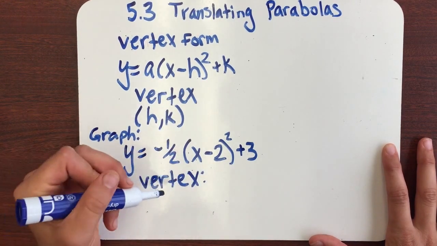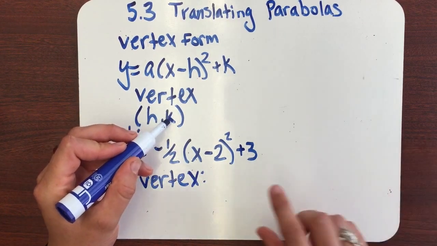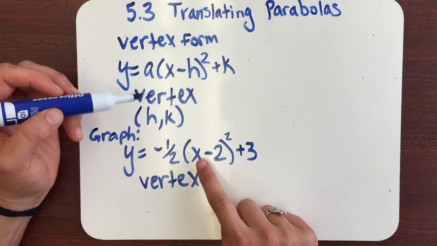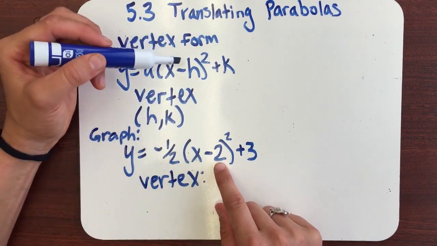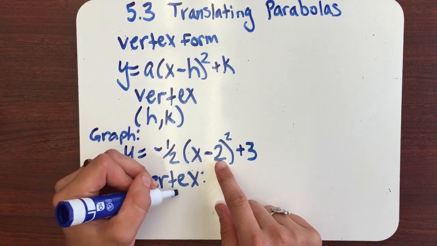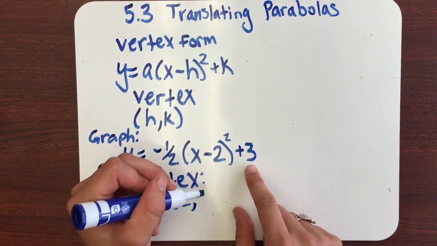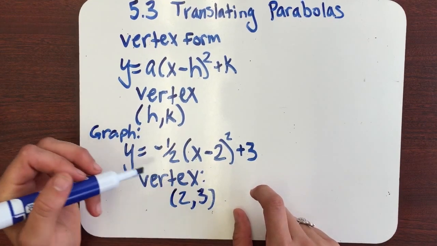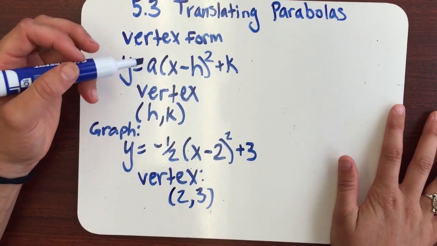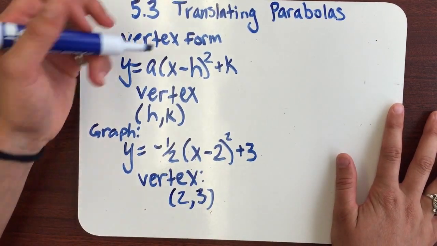The vertex is going to be h comma k, and since it's already in the correct form, it has to be x minus your h. So therefore h is 2 and your k is 3. So that's the vertex.